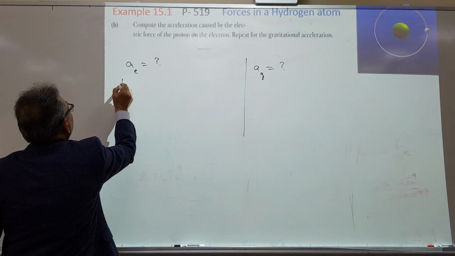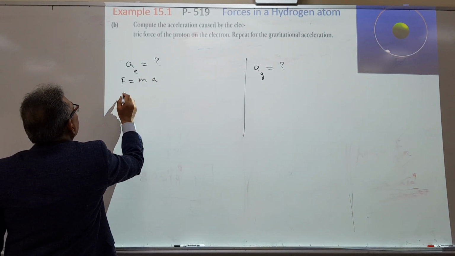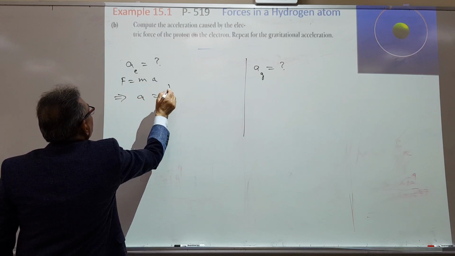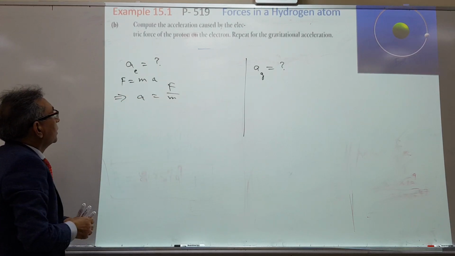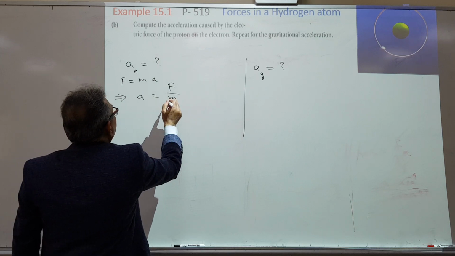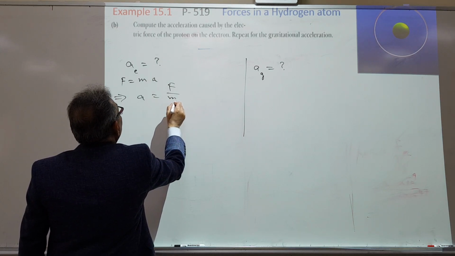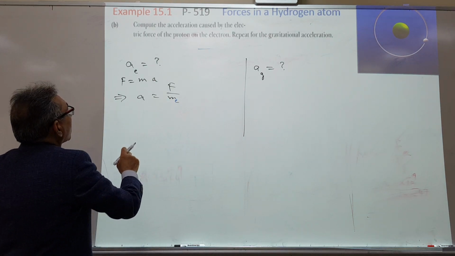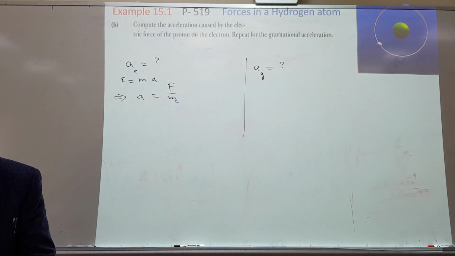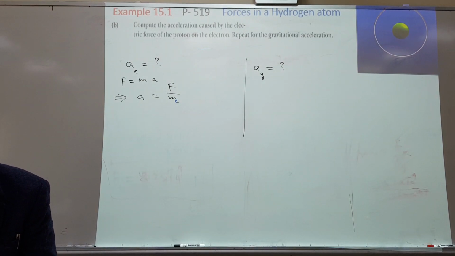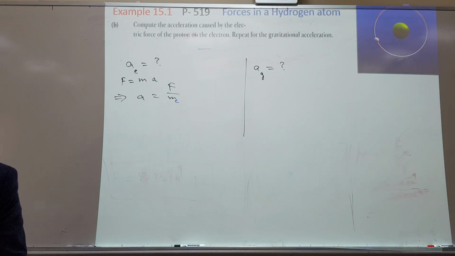So we have F is equal to ma. You get a is equal to F over m. Since we are talking about the acceleration of the electron, we need the force on this and its mass.